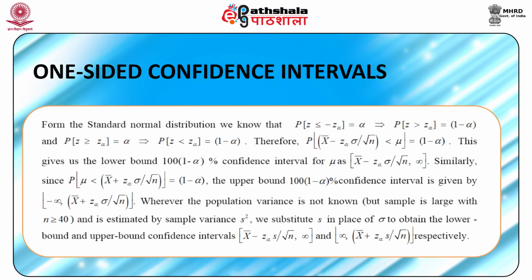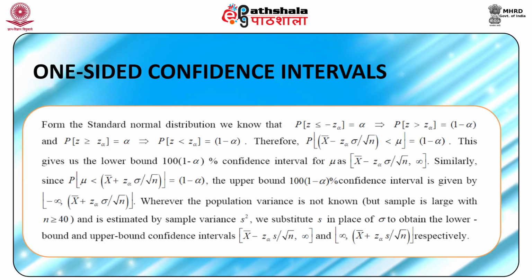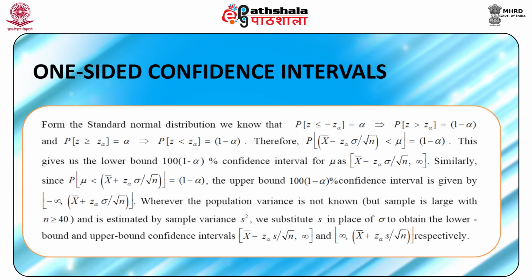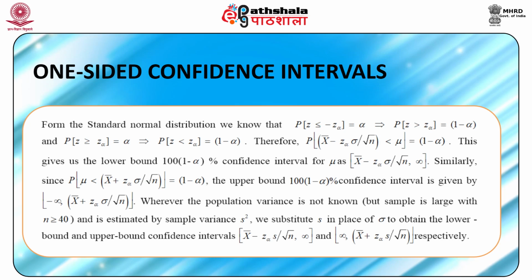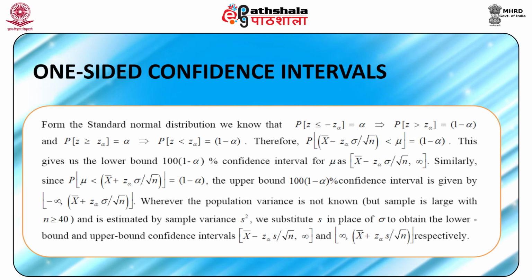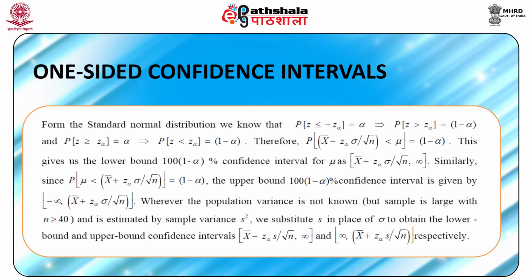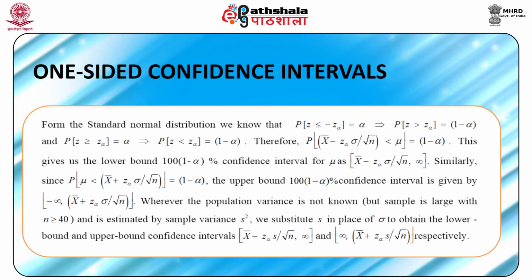Similarly, since the probability of mu less than x bar plus Z alpha into sigma upon root n is equal to 1 minus alpha, the upper bound 100 into 1 minus alpha % confidence interval is given by minus infinity and x bar plus Z alpha into sigma upon root n.